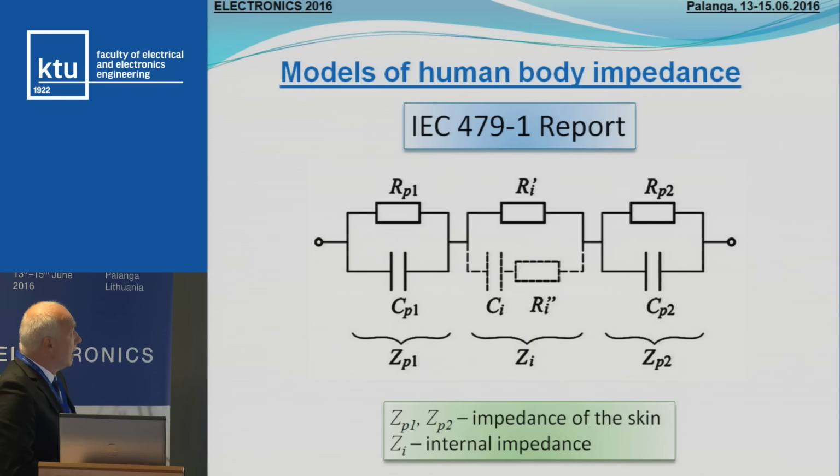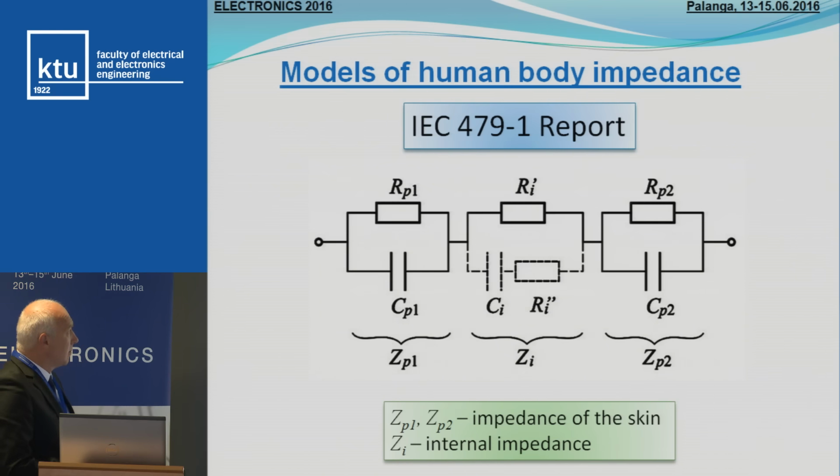The first model we found was in IEC 479 report, effects of the current on human beings and livestock. This model consists of series of impedances, impedance of the skin and the internal impedance of the body. Of course, the impedance, especially impedance of the skin or the resistance of the skin, depends on the voltage.